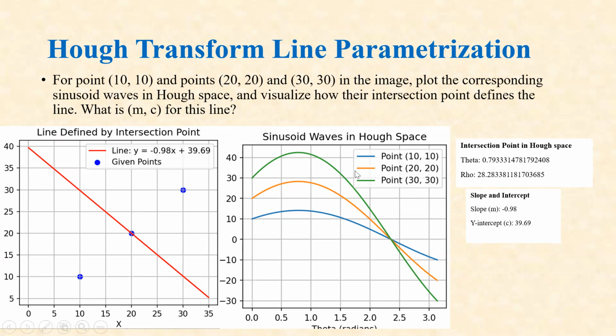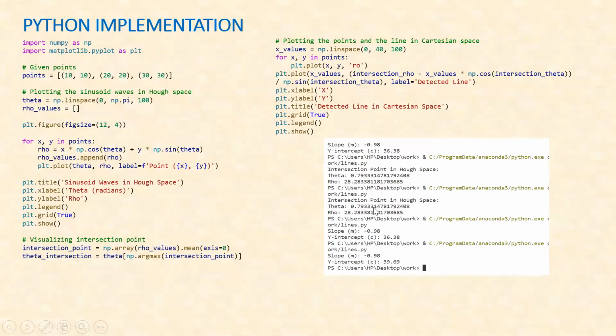I normally find it easy when I call it the parameter space. So the point of intersection in the Hough space is rho 28.2 and theta 0.79. Now the slope is 0.98, and the y-intercept is 39.6. So this is the equation where these values are being extracted from the value of the gradient and the value of the y-intercept from the XY coordinate system.